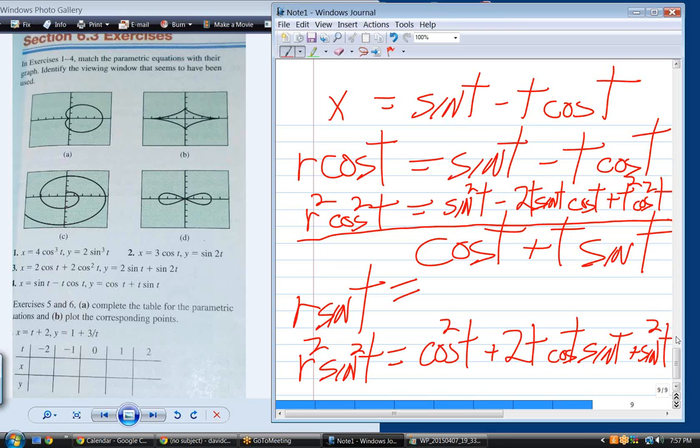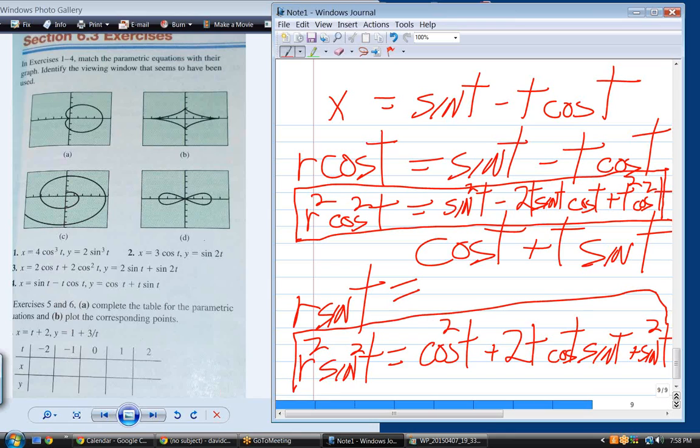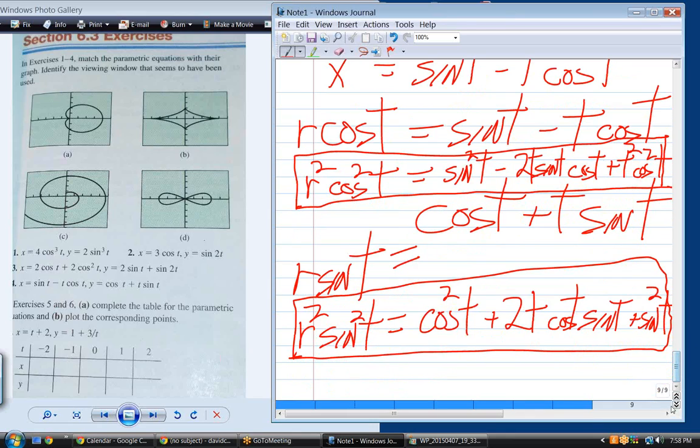Okay? Now I'm going to add these two equations. I'm going to add this to this. You can always add equations. What do I get? On the left side, I can factor out the r squared, and I get cosine squared plus sine squared.